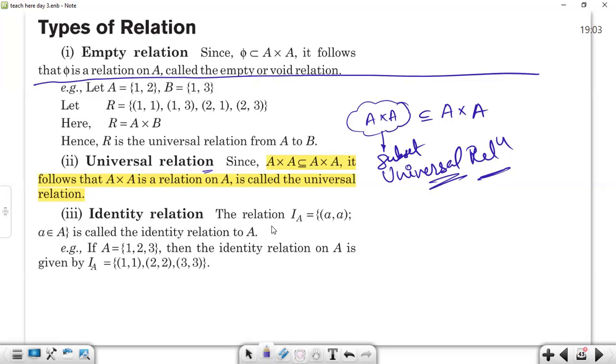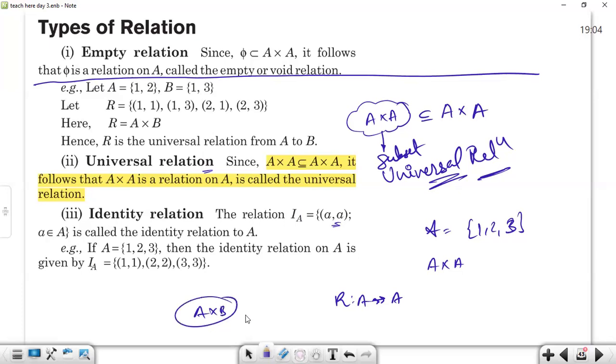Identity relation: if a set has 1, 2, 3 as elements, and we are discussing the relation from A to A only. When we discussed A to B, the Cartesian product was considered.